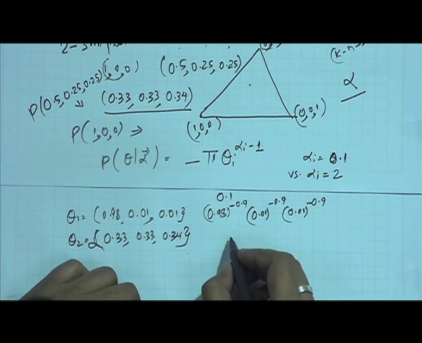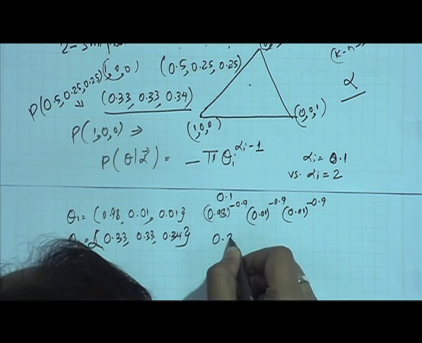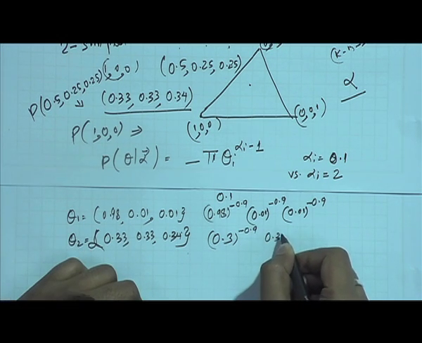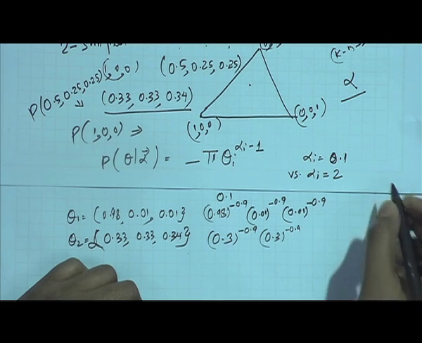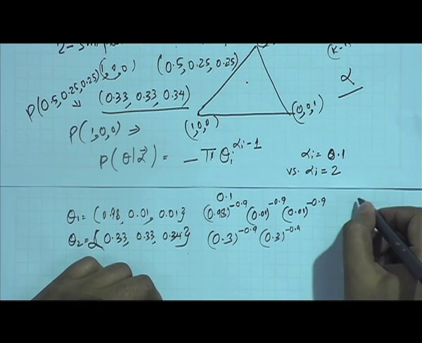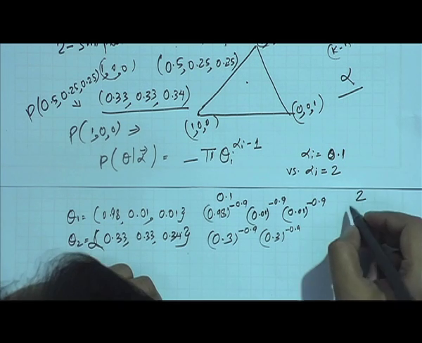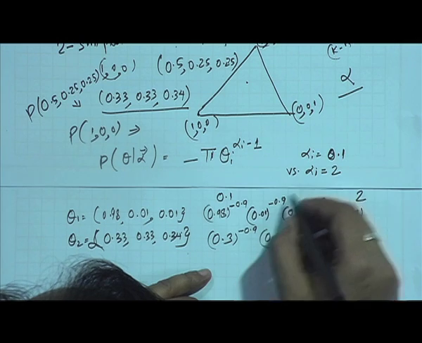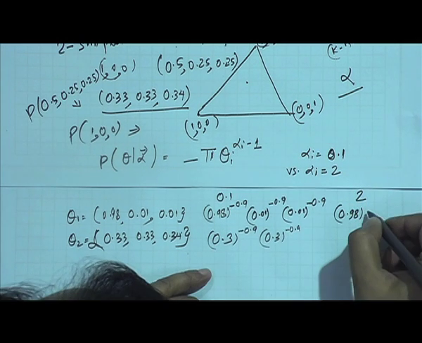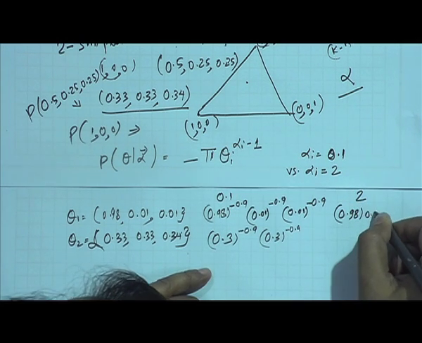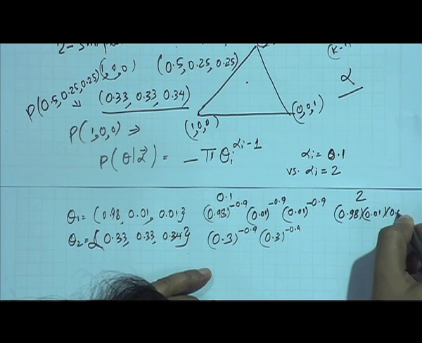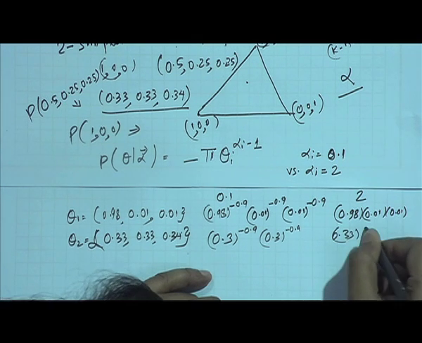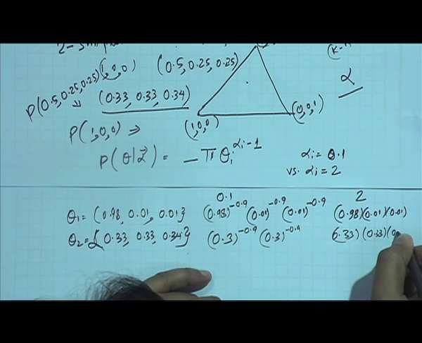And similarly 0.33 to the power minus 0.9, and so on. On the other hand, if alpha is equal to 2, then alpha minus 1 becomes 1, so the power is 1: 0.98 times 0.01 times 0.01, and for the other, 0.33 times 0.33 times 0.33.